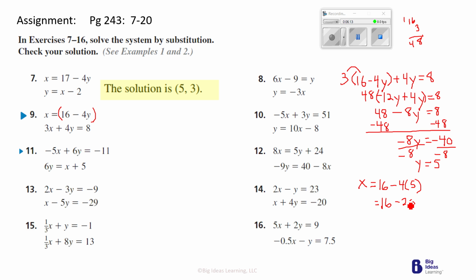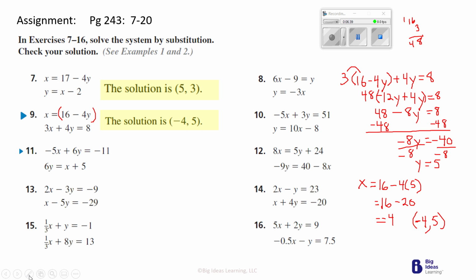And so now we have 16 minus 20, that's negative 4. So this is my x and y coordinates for this linear system. Negative 4 and 5 should be my answer. Negative 4 and 5. All right.